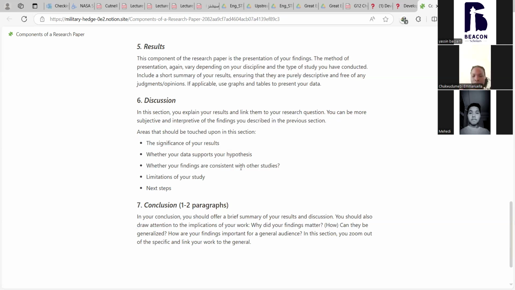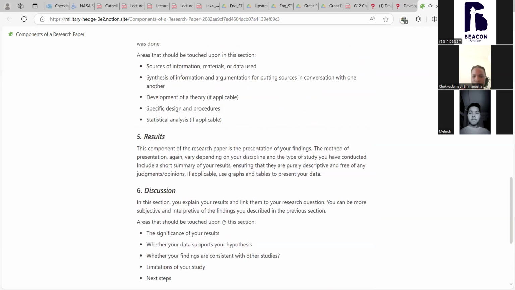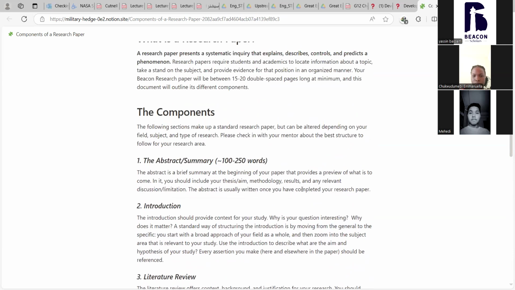Do you get it? Yes. In the conclusion, you will write from specific to general. In the introduction, it's a contrast. You will write from general to specific.